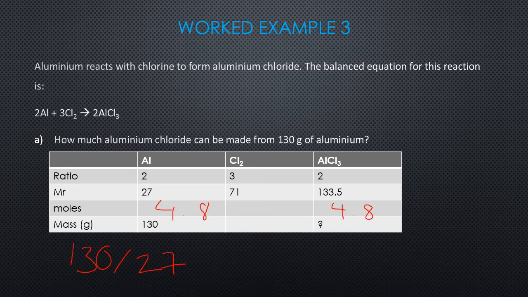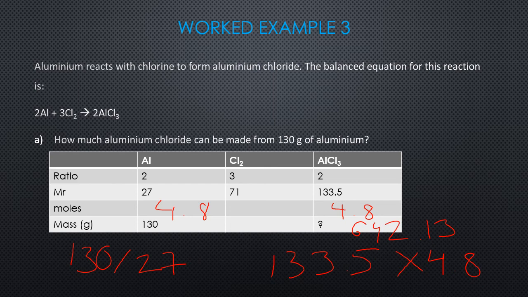Now that we've got the moles, it is easy to work out the mass. So all we need to do is multiply the MR times the moles to get the question mark. And what you should get is 642.13.